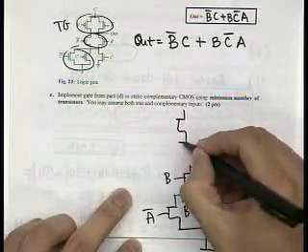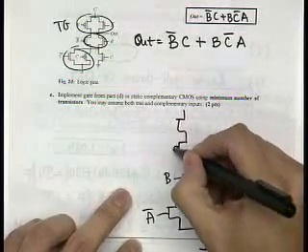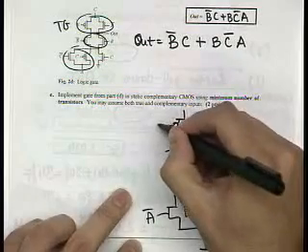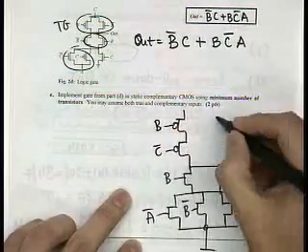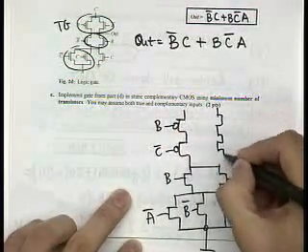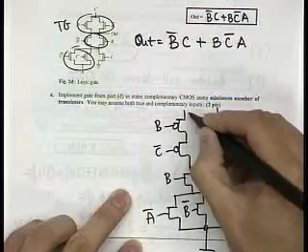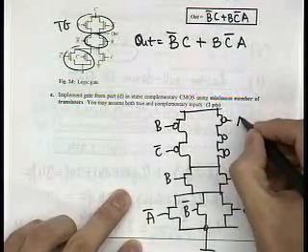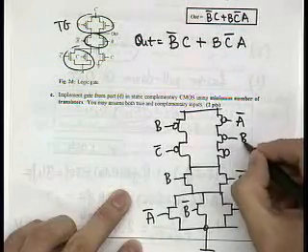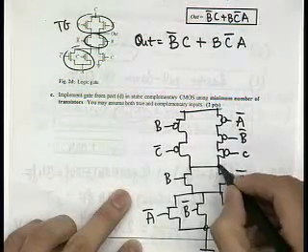So you have B, C bar, and then you have A bar, B bar, and C.